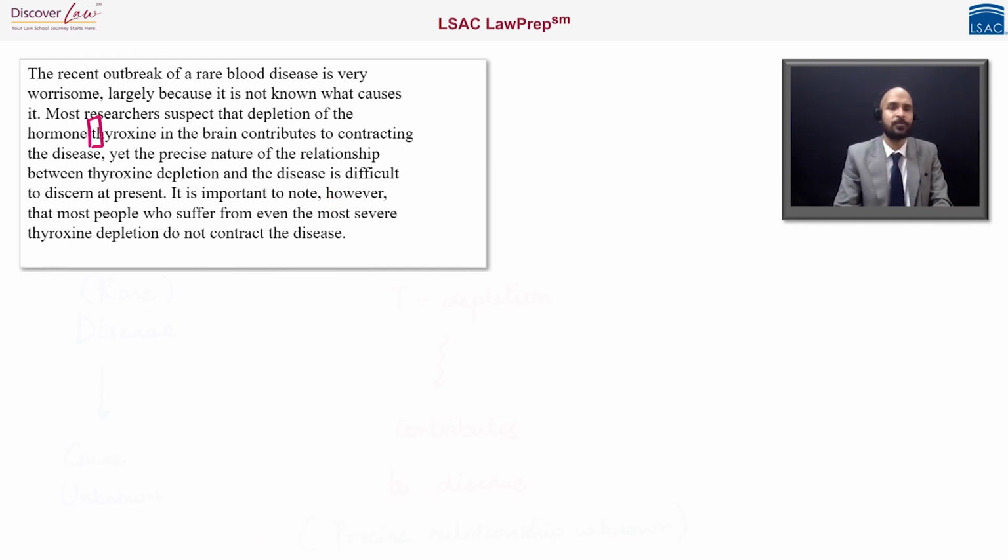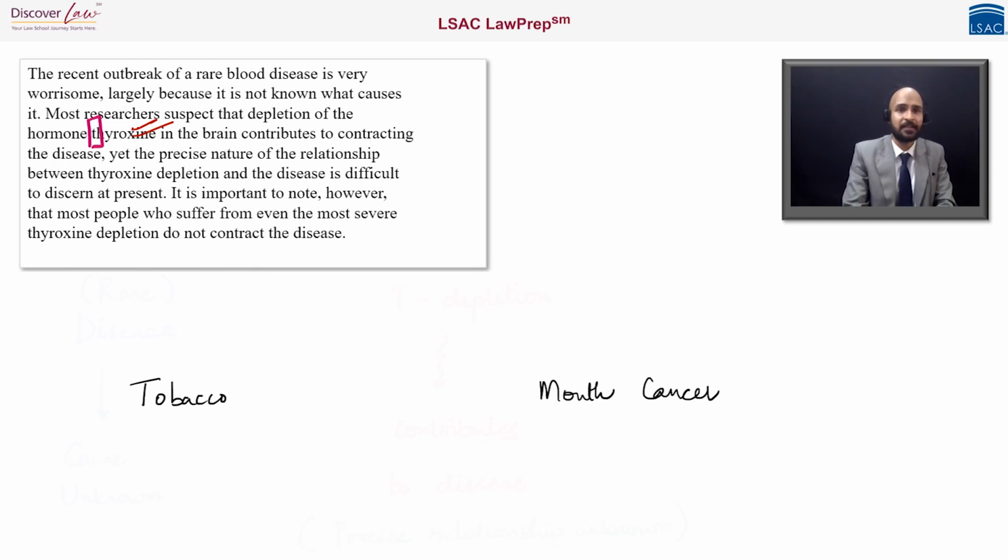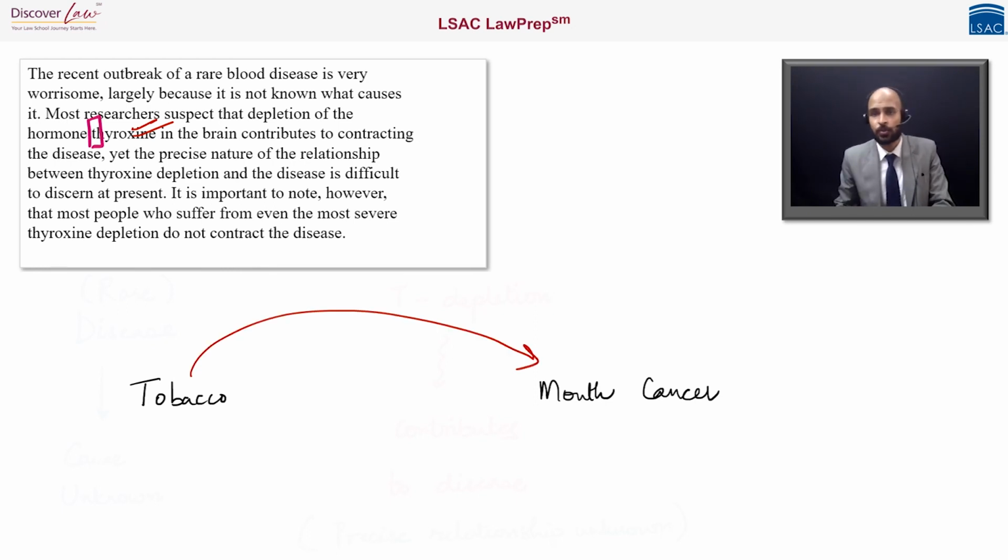For example, let me talk about chewing tobacco on the one hand, and mouth cancer on the other. Let us say researchers suspect that tobacco contributes to mouth cancer. Maybe the precise nature is not known, but still tobacco contributes to mouth cancer. That's what researchers suspect.